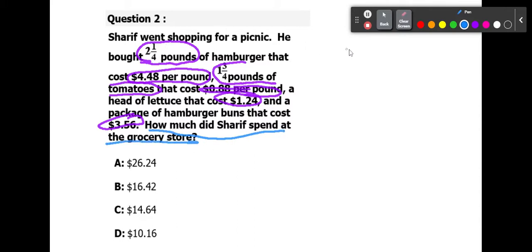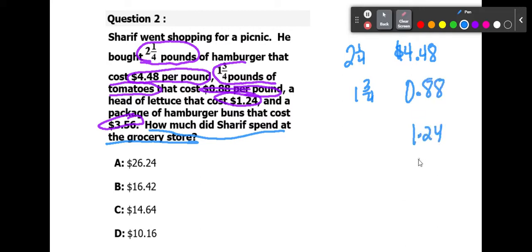So I have 2 1/4 pounds of hamburger that cost $4.48 per pound, and the 1 3/4 pounds of tomatoes were 88 cents a pound. And then I also have the $1.24 and the $3.56 that he also spent. So I know I'm going to add those up, but first I need to know how much money that hamburger cost because he bought 2.25 pounds of it.